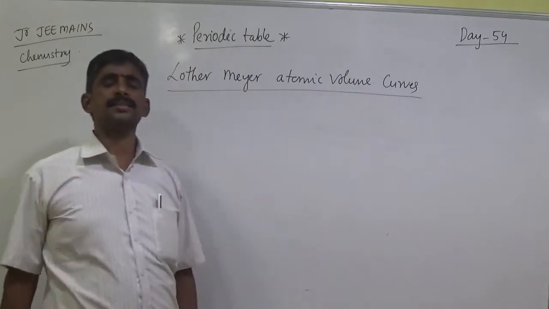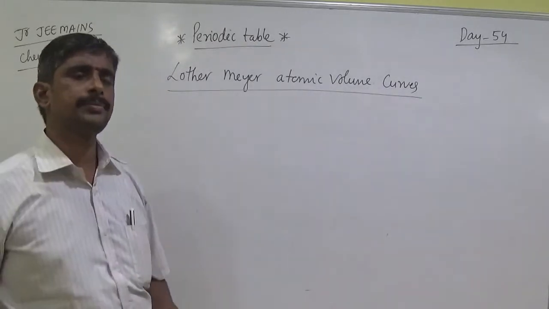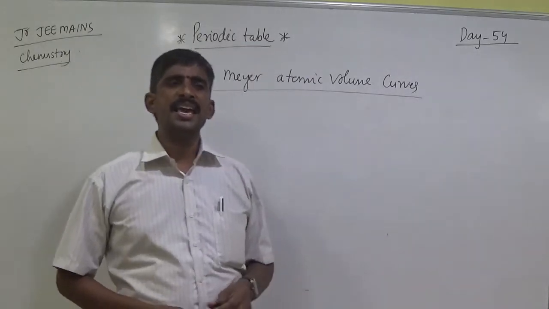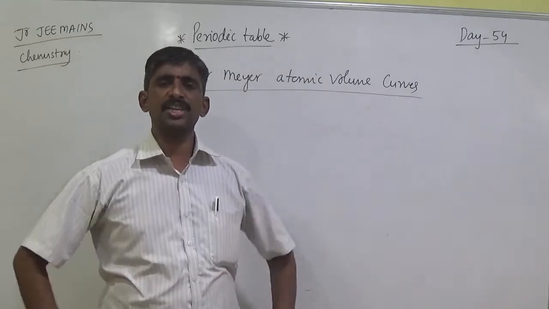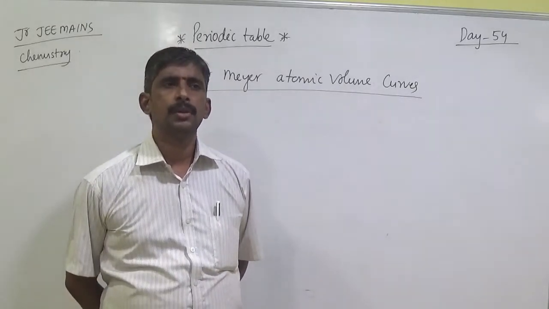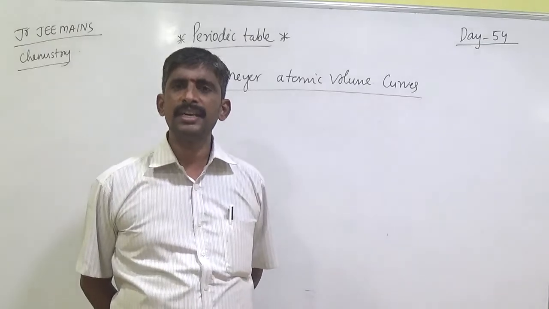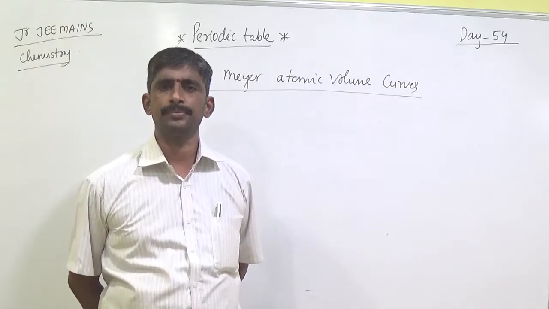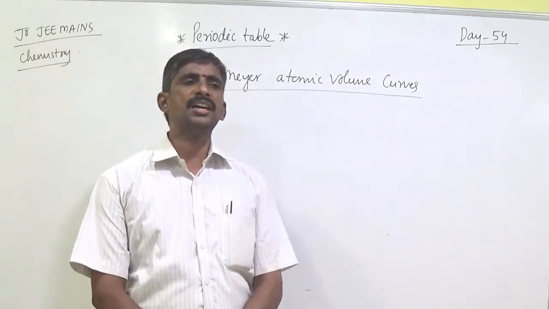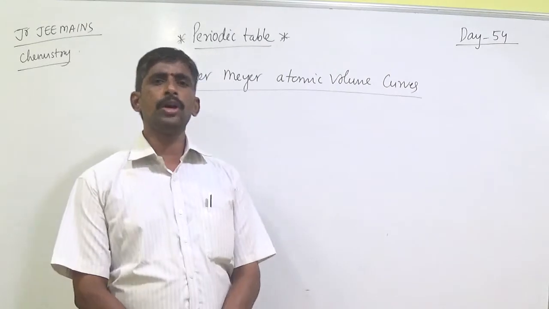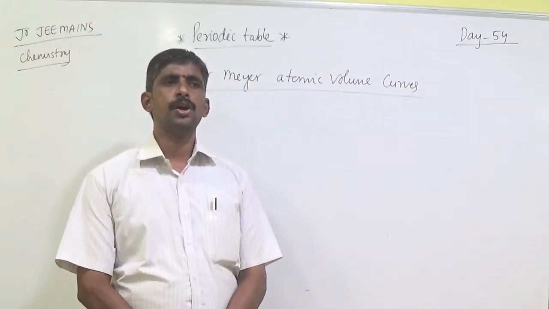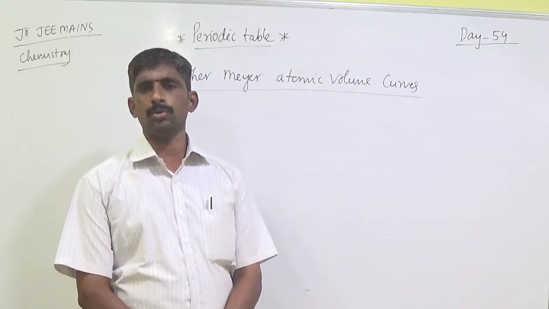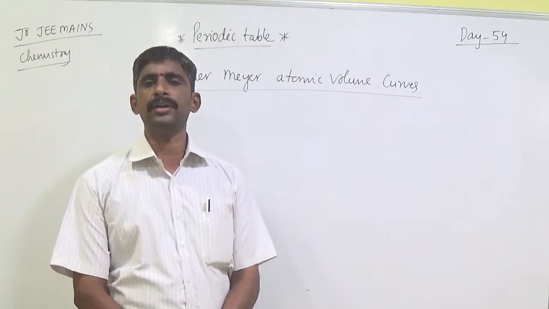Lothar Meyer calculated the atomic volume of known elements as the ratio of atomic or molecular weight and density. Simply, atomic weight equals atomic volume into density.